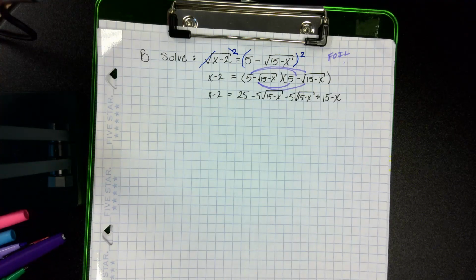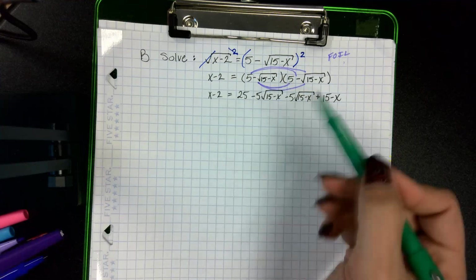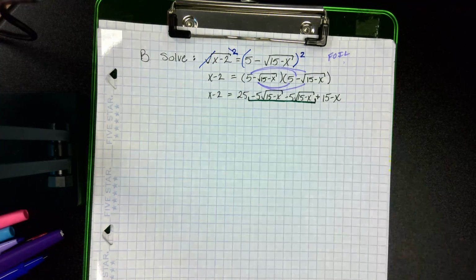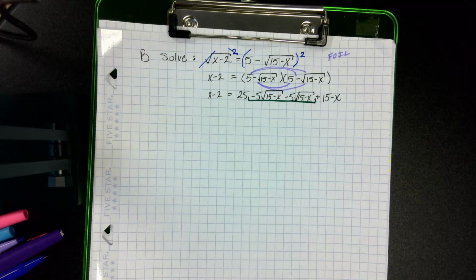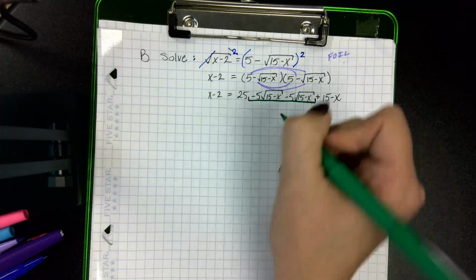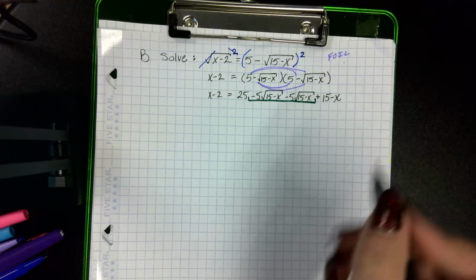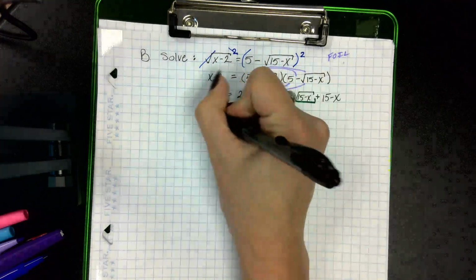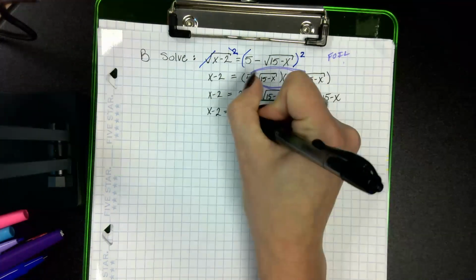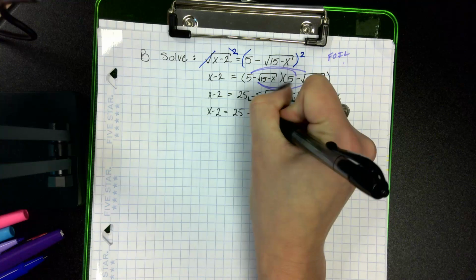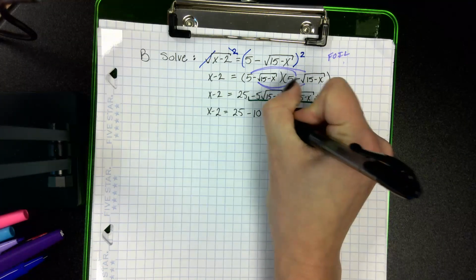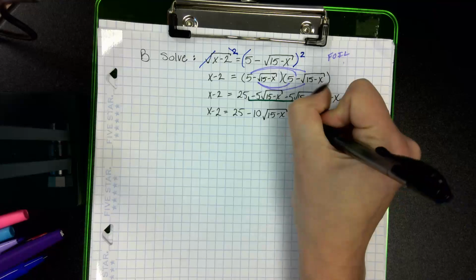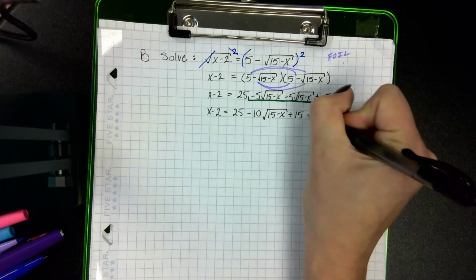So then the middle terms, they should always repeat when you square a binomial. We have negative 5 and negative 5, so that's negative 10. So I have x minus 2 equals 25 minus 10 times the square root of 15 minus x plus 15 minus x.